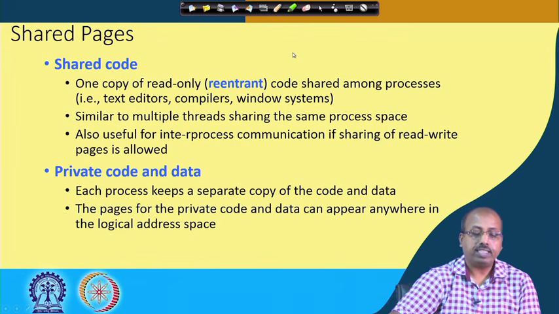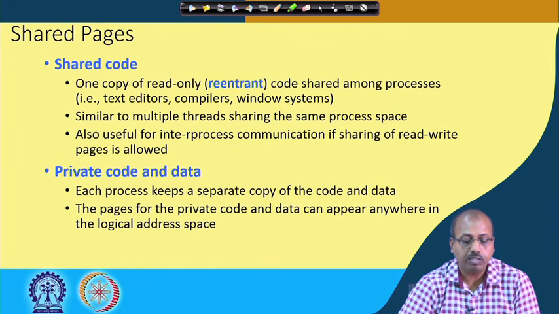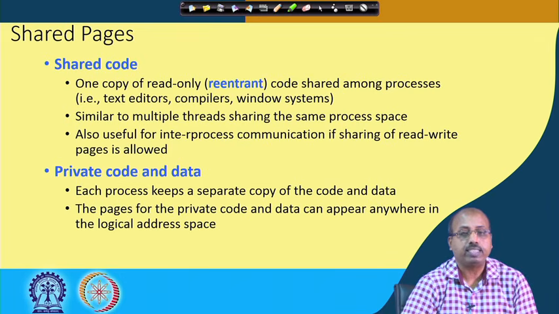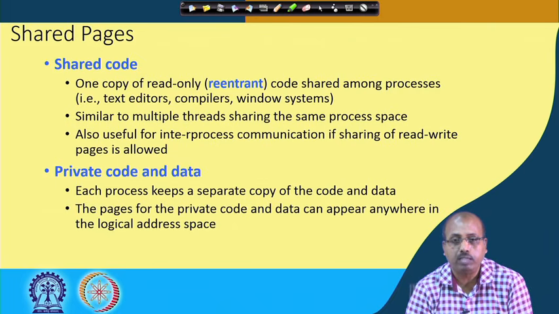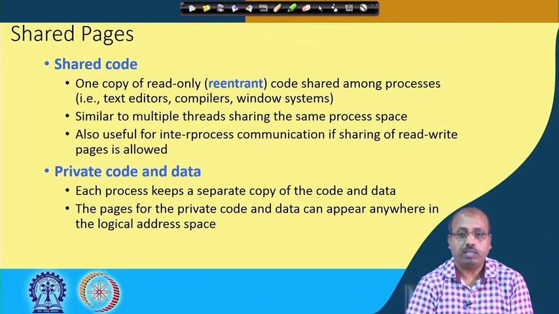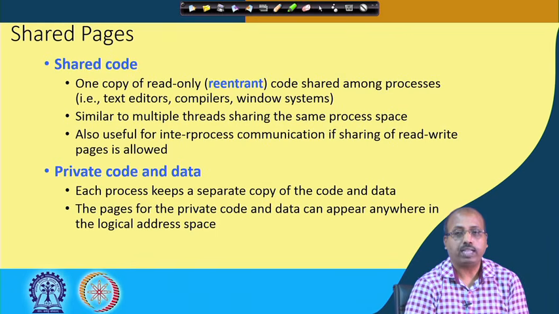You can also share pages. One copy of read-only code can be shared among processes, like text editors, compilers, and window systems. If there are 10 people doing editing, instead of having 10 different copies of the editor code, we can have only one copy of the page, and that may be shared by a number of users. If a page is shared, we must have the permission for all those users.